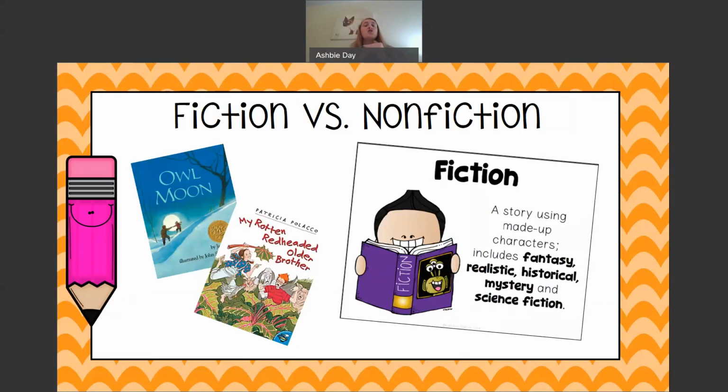It just gives us straight up facts. Whereas in Patricia Polacco's books, yes, they're based on true events, but she presents them like a story. They have quotes in them. The characters are talking to each other. Therefore, that's why we classify it sometimes as fiction. It's one of those kinds of books that are right on the line. Could be fiction, could be nonfiction.